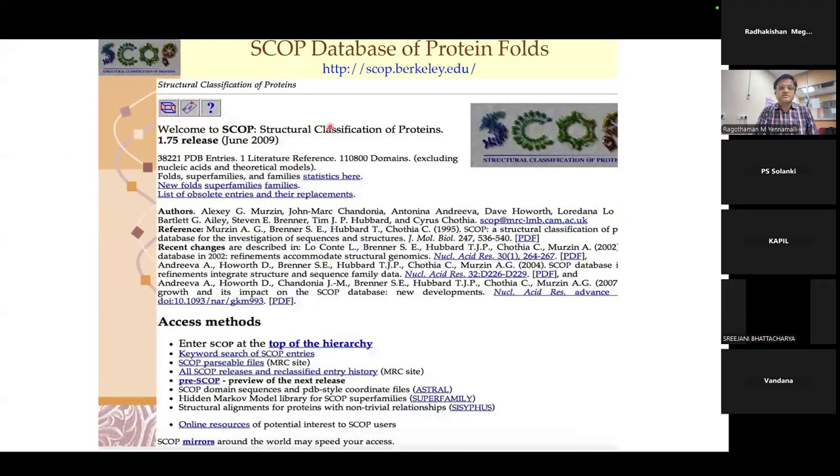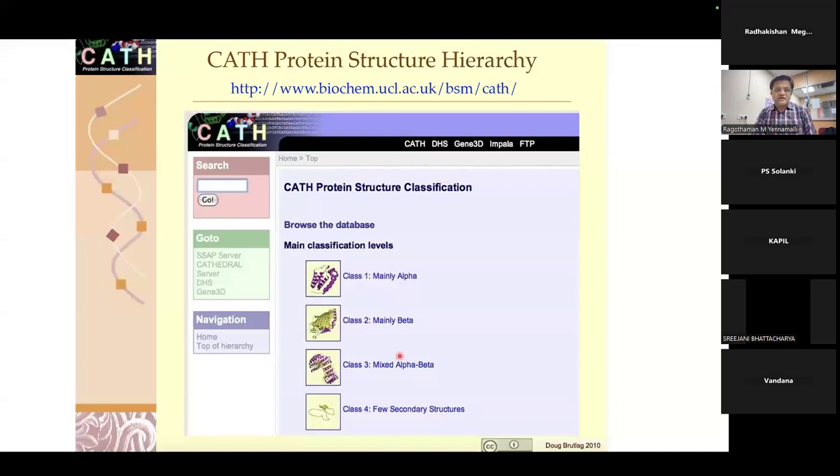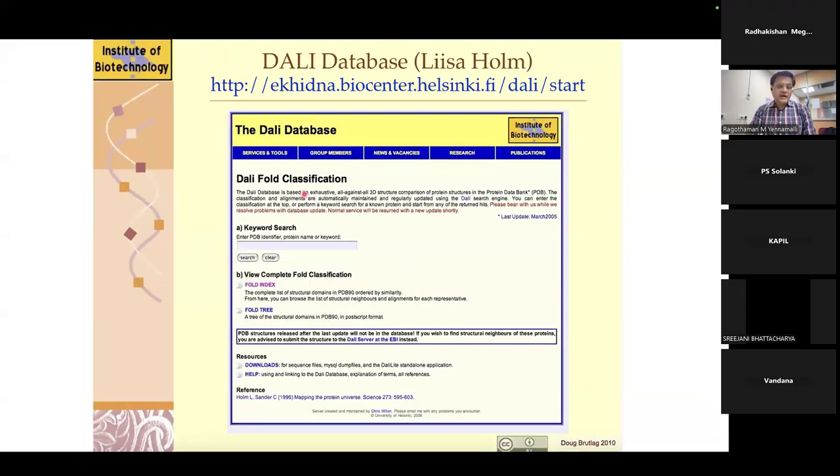In SCOP, SCOP stands for Structural Classification of Proteins. CATH stands for Class, Architecture, Topology, and Homology. And you have different types of classes. And then there is the DALI fold classification tool. DALI also has its own database using which you can find out what fold the protein contains.